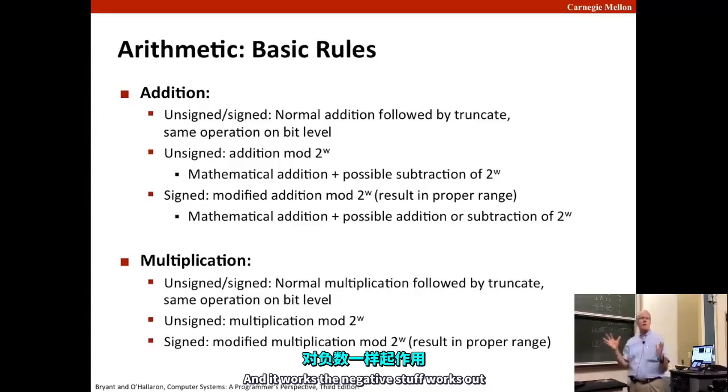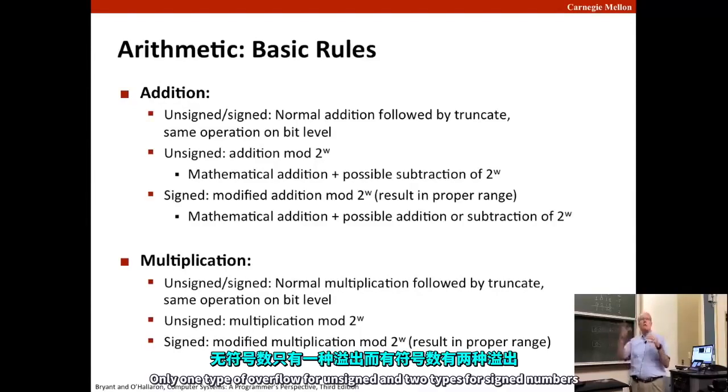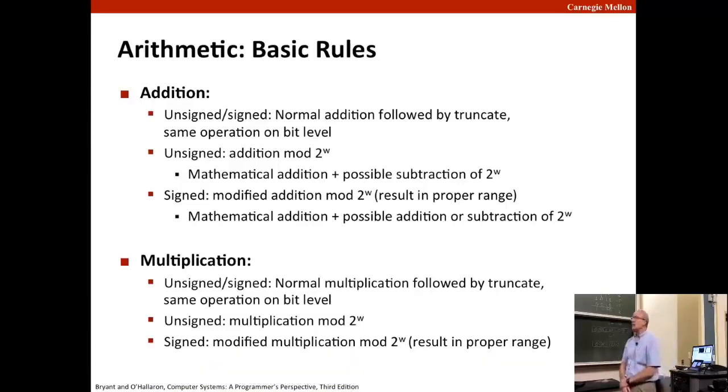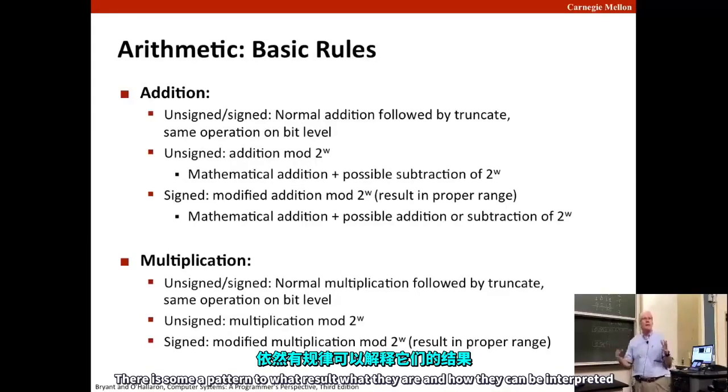The negative stuff works out as long as you don't have an overflow. And you can end up with an overflow, only one type of overflow for unsigned and 2 types for signed numbers. But it's not like they just overflow and generate random numbers. There's some pattern to what they are and how they can be interpreted.